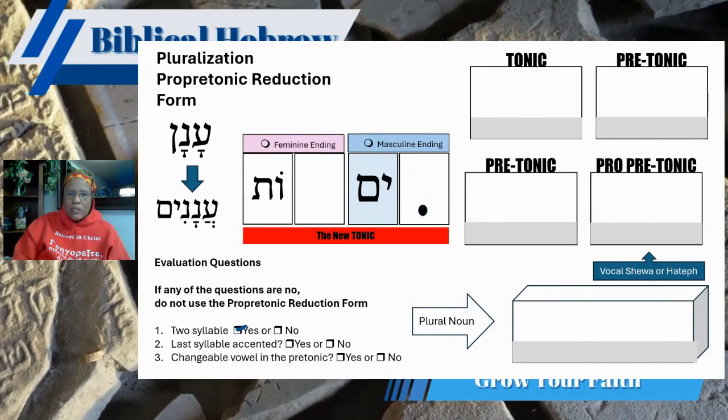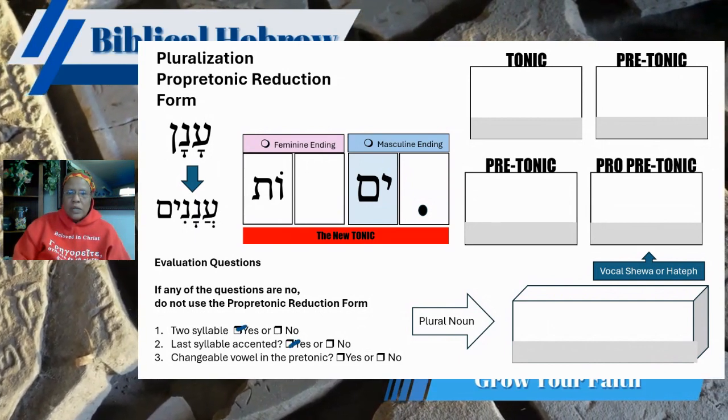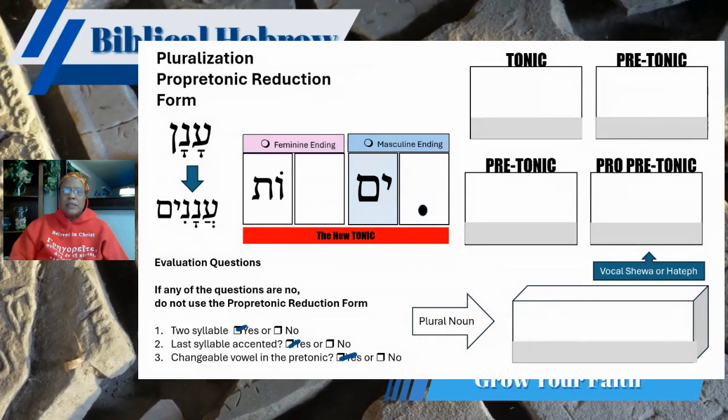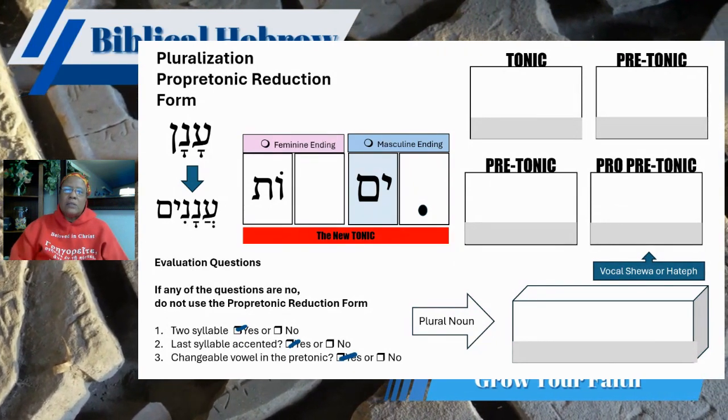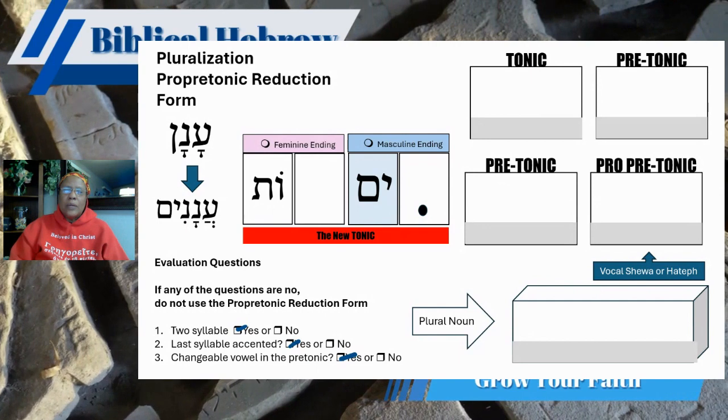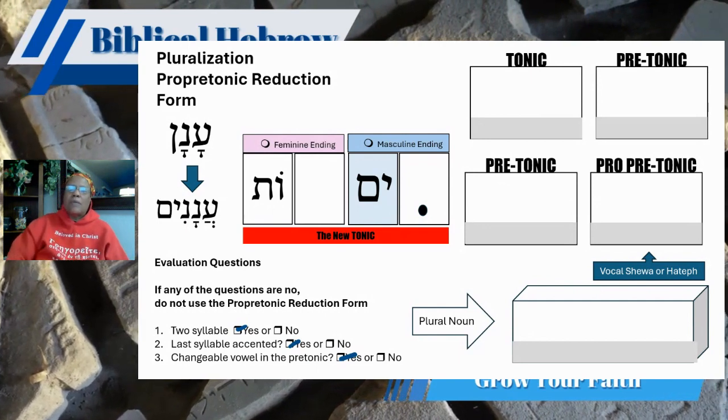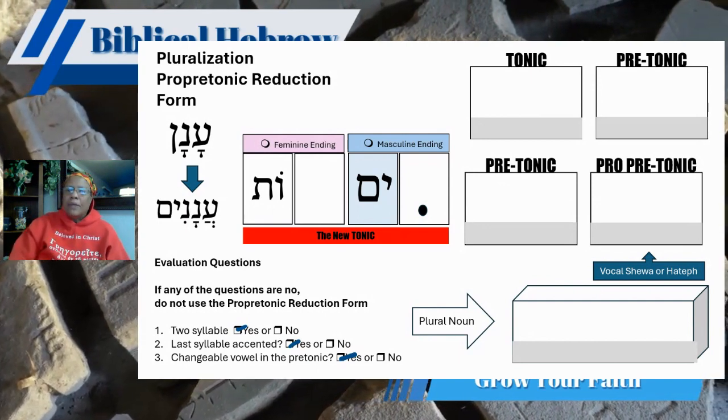We answer these questions. Yes, it is two syllables. The last syllable is accented, and there is a changeable vowel in the pretonic. Okay, here we go.